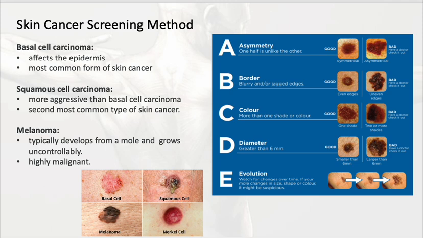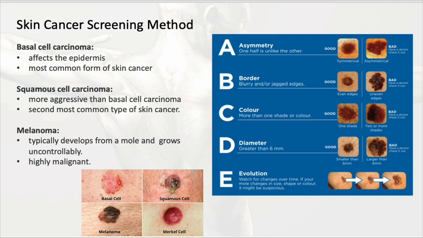Moles that are caused by sun exposure can undergo cellular changes over time, and if specific mutations are caused in those cells from the sun in specific DNA regions, then these mutations may cause the cells to divide uncontrollably. This can lead to a mole that is cancerous. Now, there are different types of skin cancer. We mentioned these earlier in the term, but basal cell carcinoma specifically affects the epidermis.